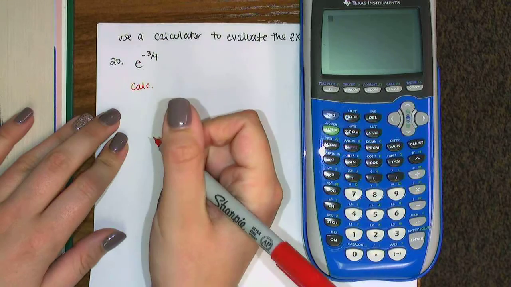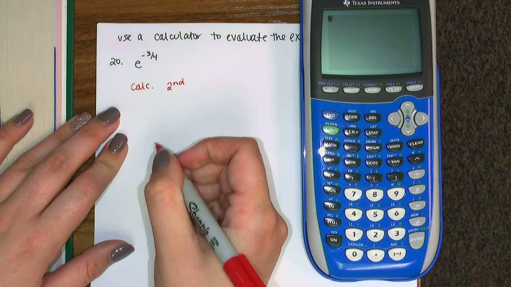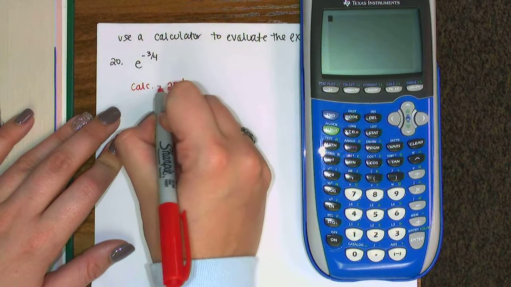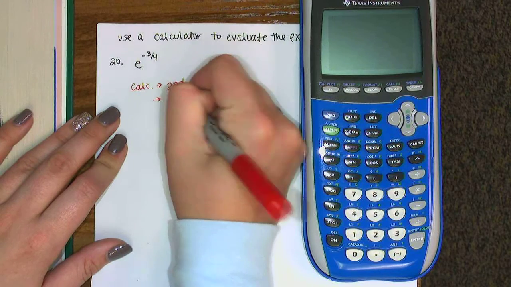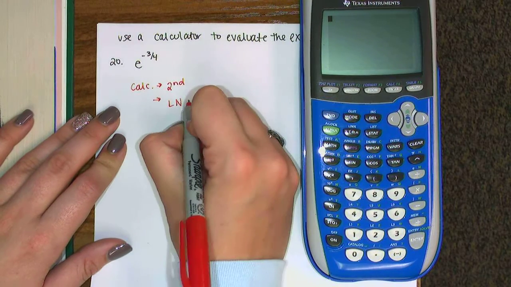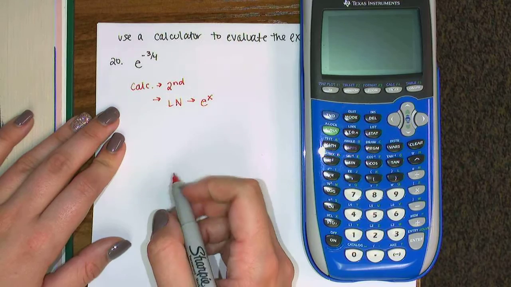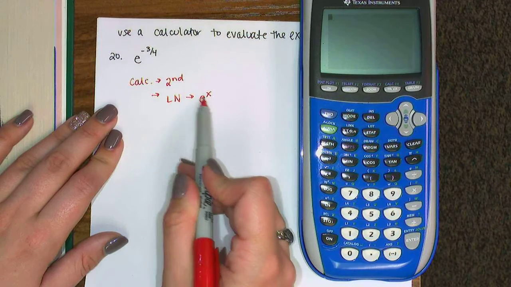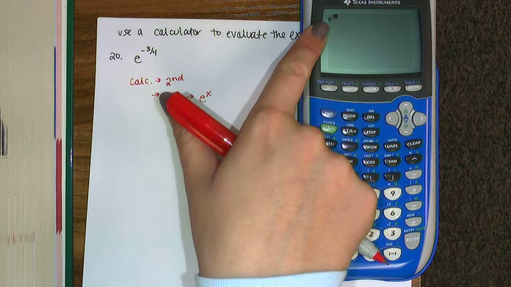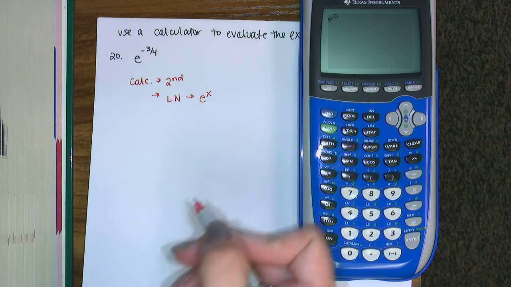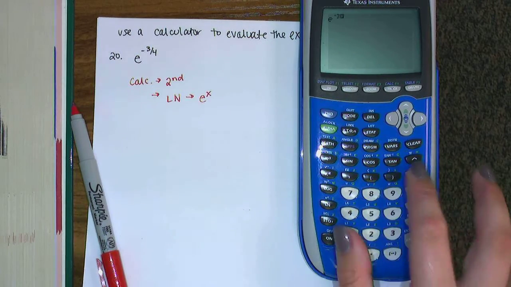Hit second, and then hit the LN button, which gives you e to the x. Now we just need to replace this x here, so second, LN gives you e, and then it's going to bring you up a box, and now we just need to type in negative 3 over 4. So it looks like that up here.